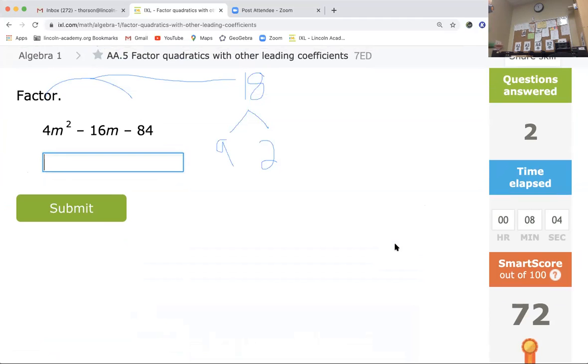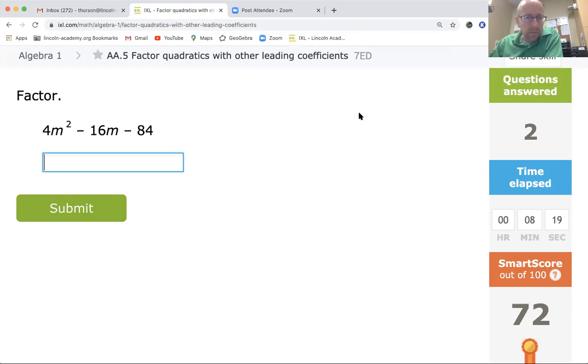Yeah, this is going to be a big number, obviously. And being a big number, it's going to be hard to find the right two numbers to use that add to 16.